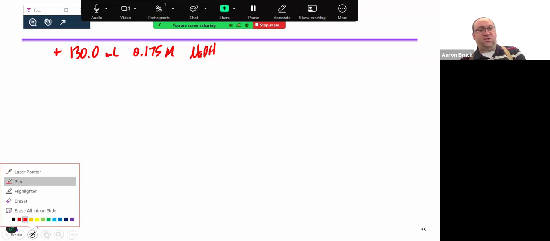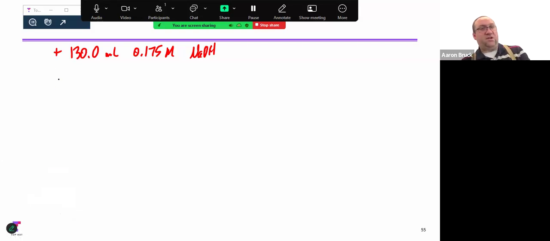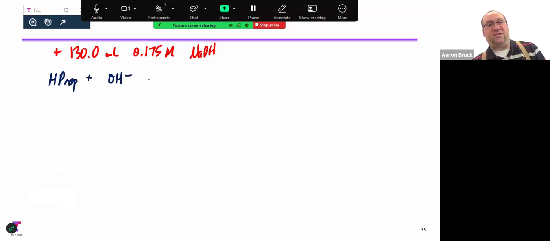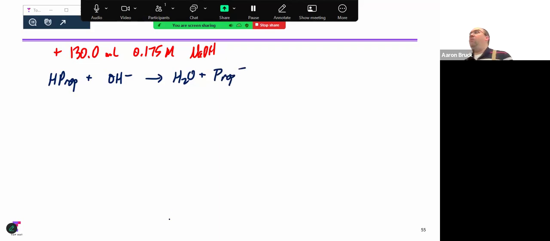Just like with the previous two problems, we need to start with stoichiometry. So propanoic acid reacting with hydroxide to make water and propanoate ion.